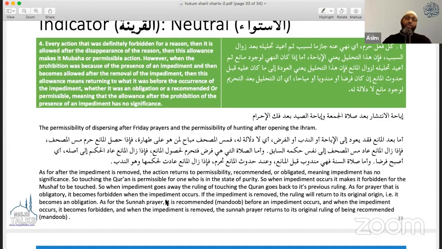Similarly, in the case of a woman, if she is menstruating, salah, which is an obligation, is not allowed for her to pray, because the haid or the nifas becomes a mani', an impediment for her to perform the fards. But once the impediment has been removed, then the hukm comes back again, and the salah becomes obligatory on her, and she has to pray at that time.